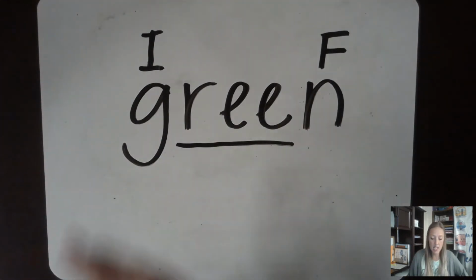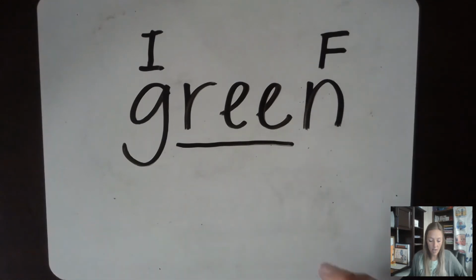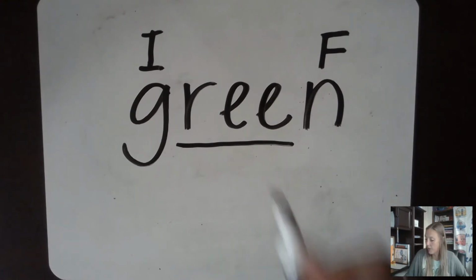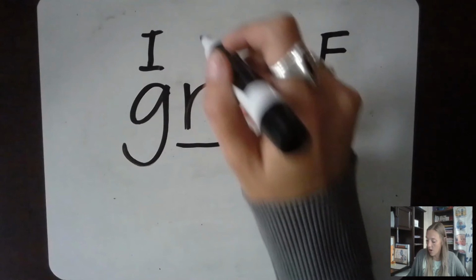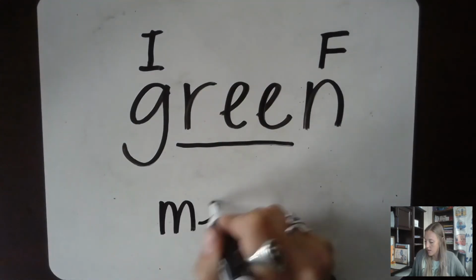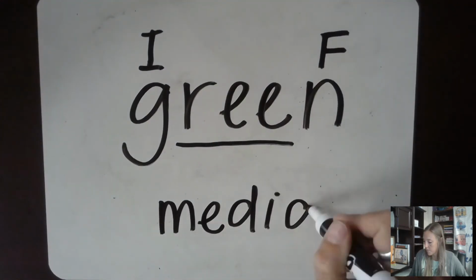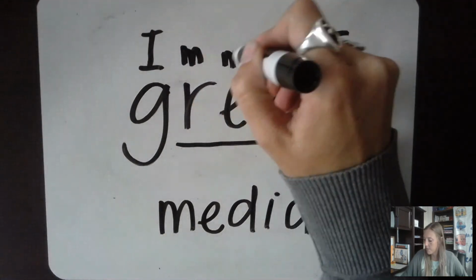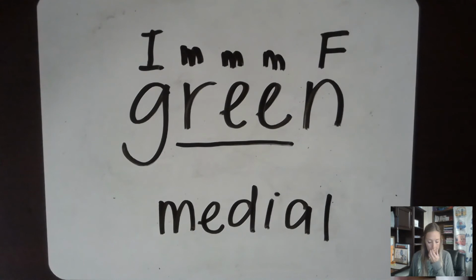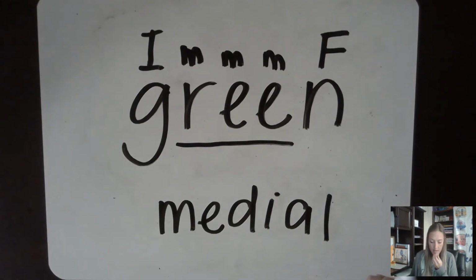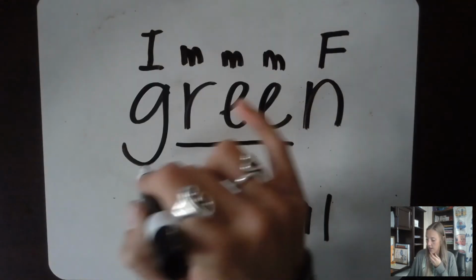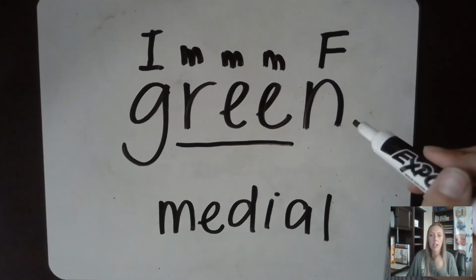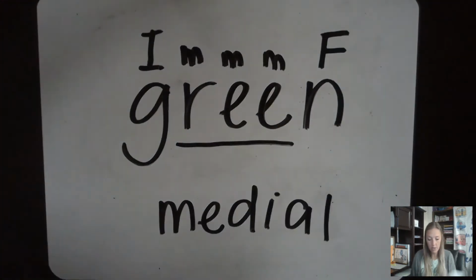If they're not the initial, they're not the final, they don't really have special names, but all of them together are medial or middle. Medial. So I'll write M for medial. So initial letter, final letter, and medial letters.